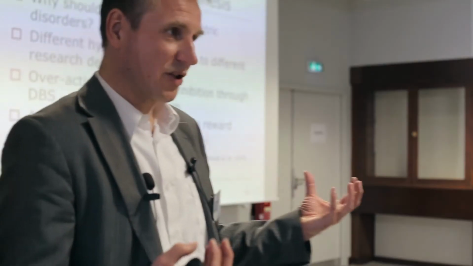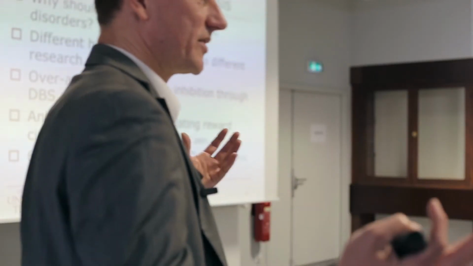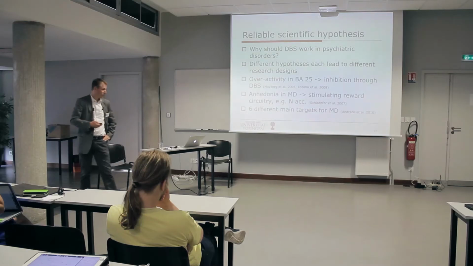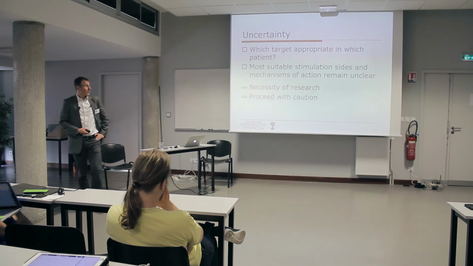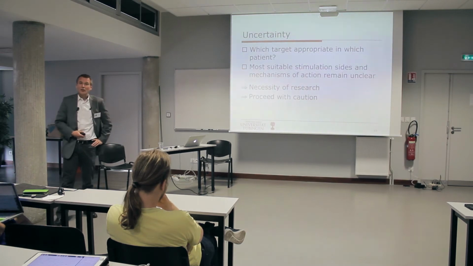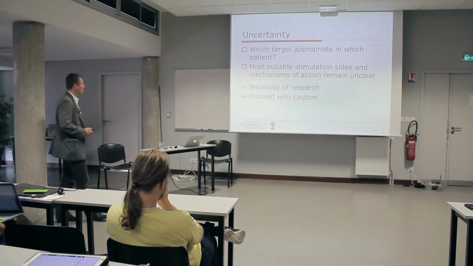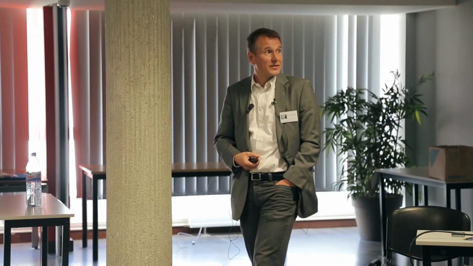Andrade identified 6 different main targets for major depression, and we still don't know which is the best target to treat major depression with deep brain stimulation. So we have a lot of uncertainty going on here. We should ask which target is appropriate for which patient, which is the most suitable stimulation site, and the mechanism of action is still unclear.